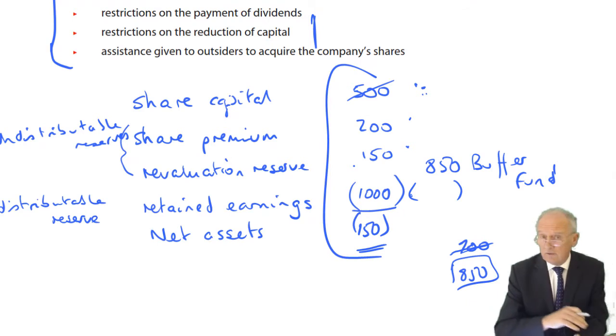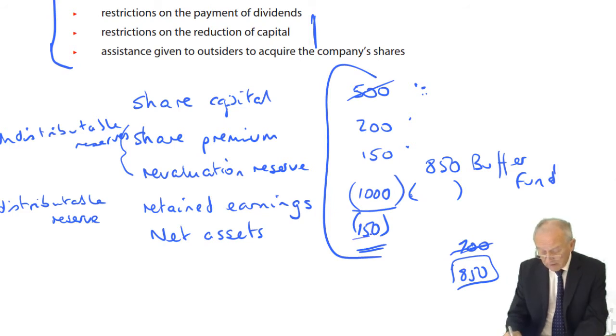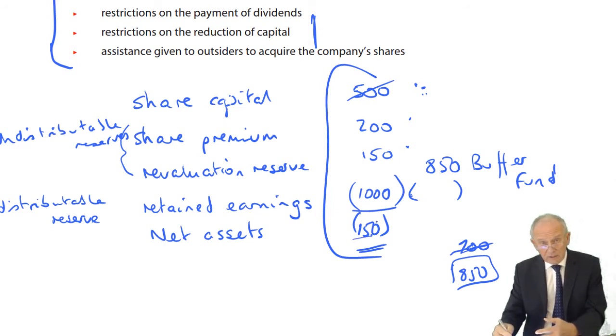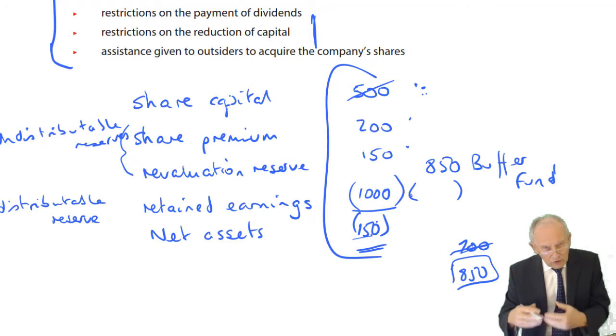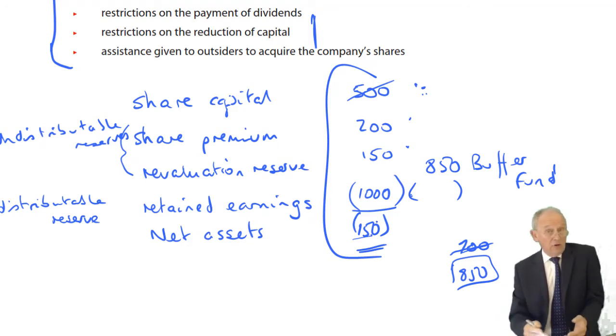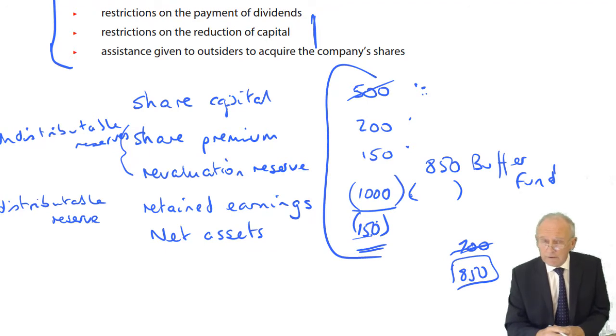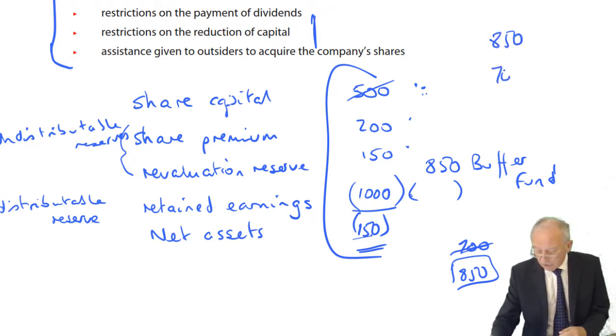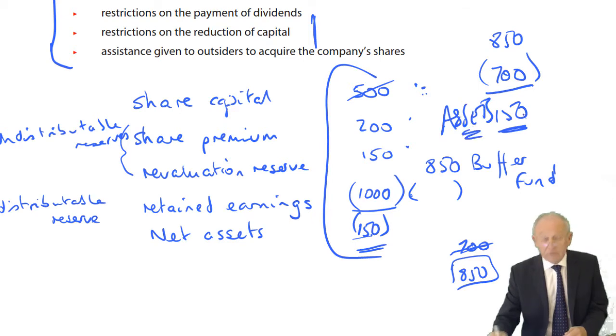And you can't legislate against companies making losses. So long as there's no accumulated losses bigger than the buffer fund of 850, in theory, the creditors will be paid in full. 850 buffer, 700 accumulated losses, we have net assets of 150.